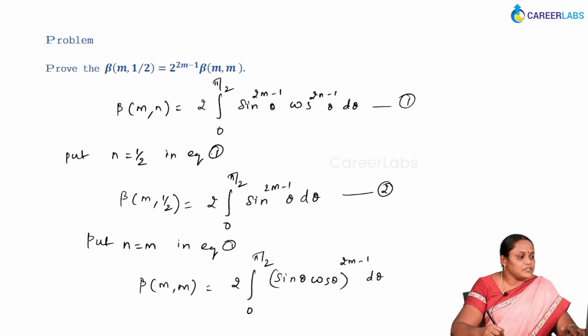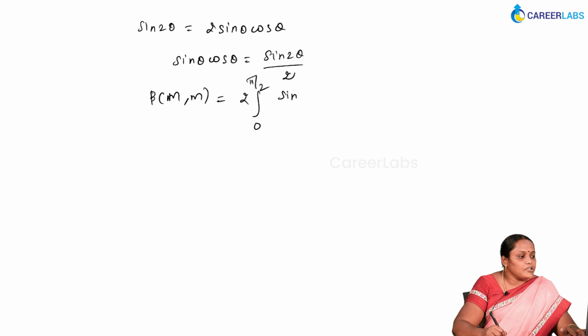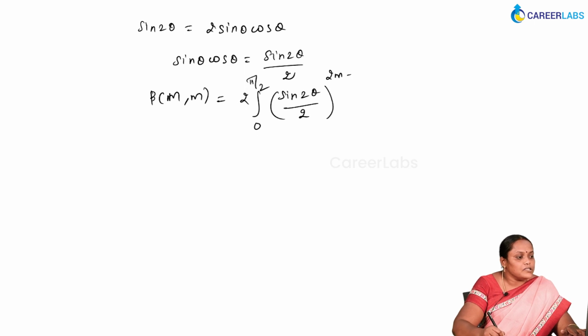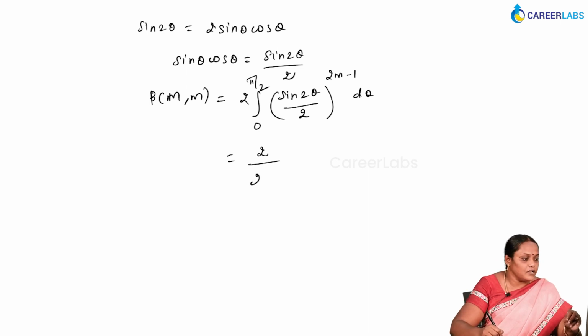In place of sin theta into cos theta, we replace it by sin 2 theta divided by 2, to the power 2m minus 1 d theta. So this will be equivalent to 2 divided by 2 to the power 2m minus 1, bringing the 2 outside, and the remaining will be integral 0 to pi by 2 sin 2 theta to the power 2m minus 1 into d theta.